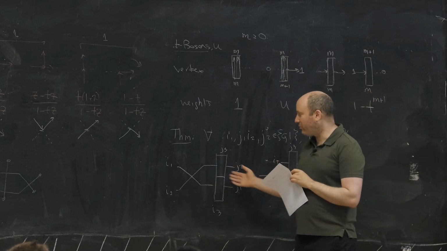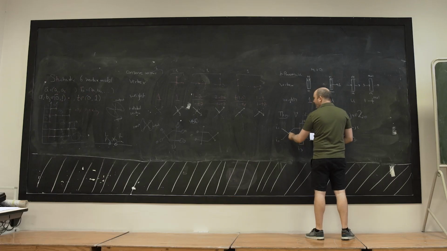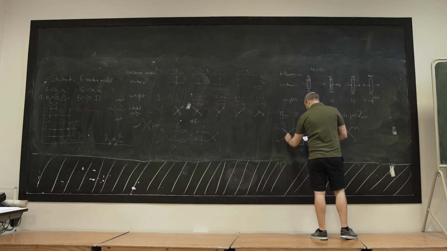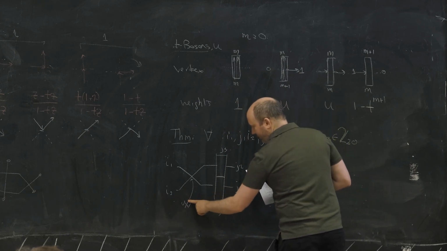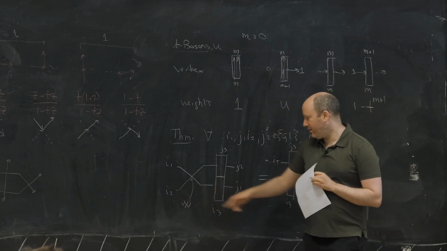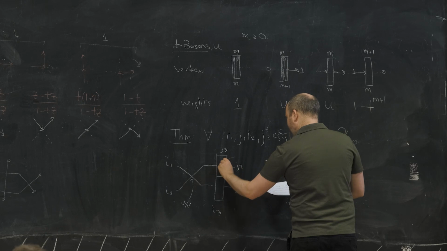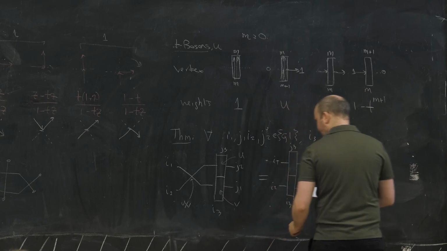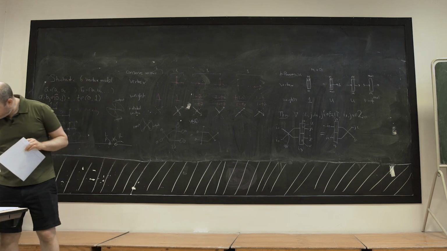I need to tell you what vertex weights to use. The vertex weights that I use here are exactly these 6 vertex weights where I've specialized my variable z to be equal to u over v. I'm going to draw that with an arrow labeling this value of the spectral parameter. And here I use the spectral parameter u, and here I use the spectral parameter v.